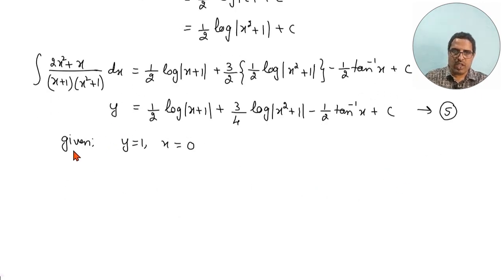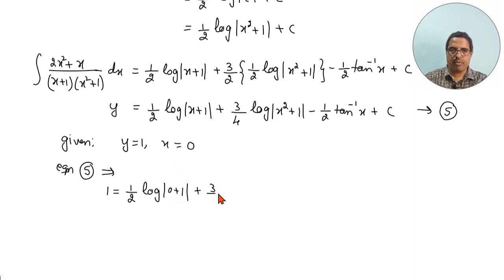So equation number 5 implies y value is 1 over here, equal to half times log of mod x value is 0, so it is 0 plus 1, plus 3 by 4 log of mod x value is 0 plus 1, minus half times tan inverse of x value is 0, plus c.